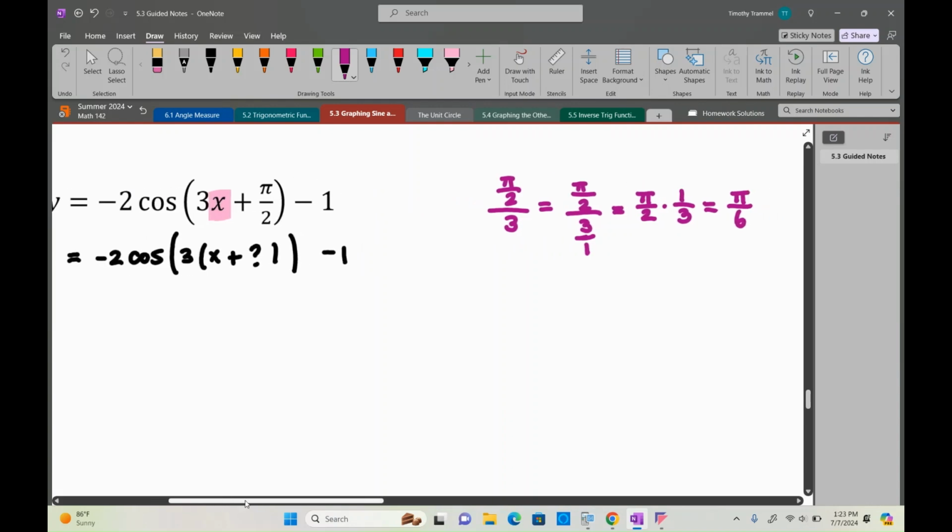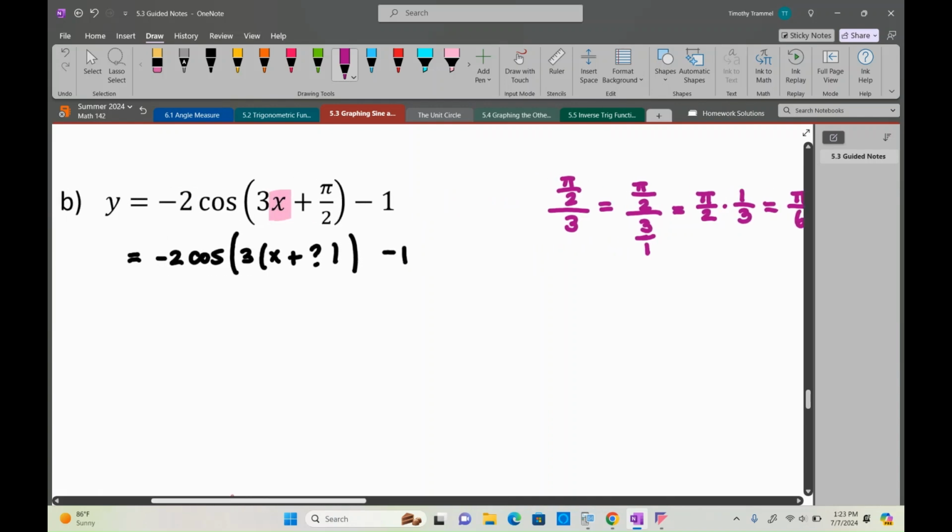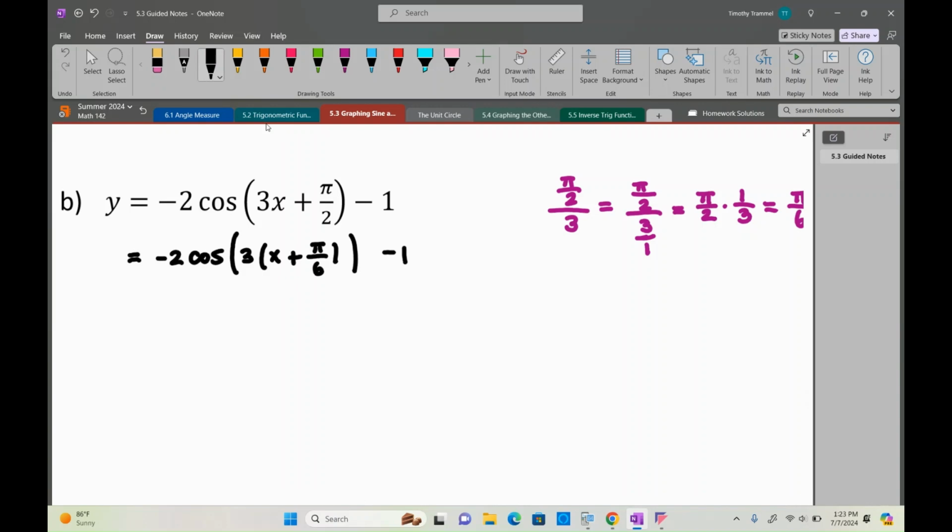So that pi over 6, that's what I'm going to write in place of this question mark. And do check after you factor. If we distribute back through, do we end up with what we started? Yes, we'll get 3x and 3 times pi over 6, which will indeed simplify to pi over 2. So we have this written in the way we need now.